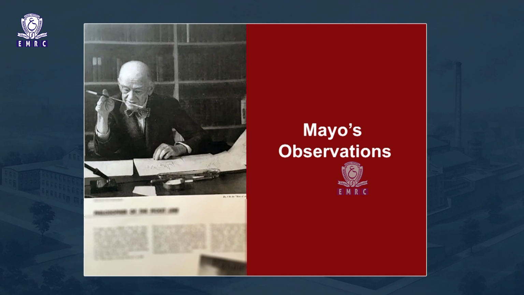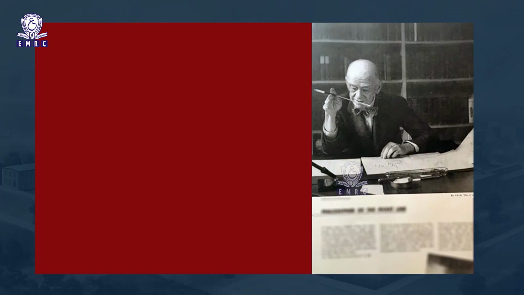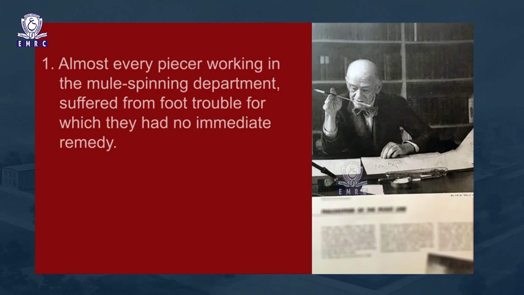Now, Mayo's observations. Mayo studied the problems intensely from various angles. They are the physical, social and psychological. He found that almost every piecer working in the mule spinning department suffered from foot trouble for which they had no immediate remedy.